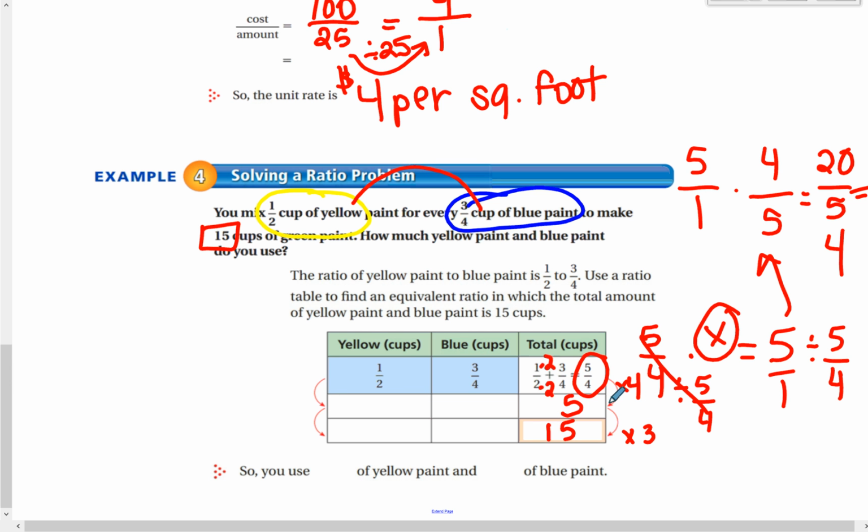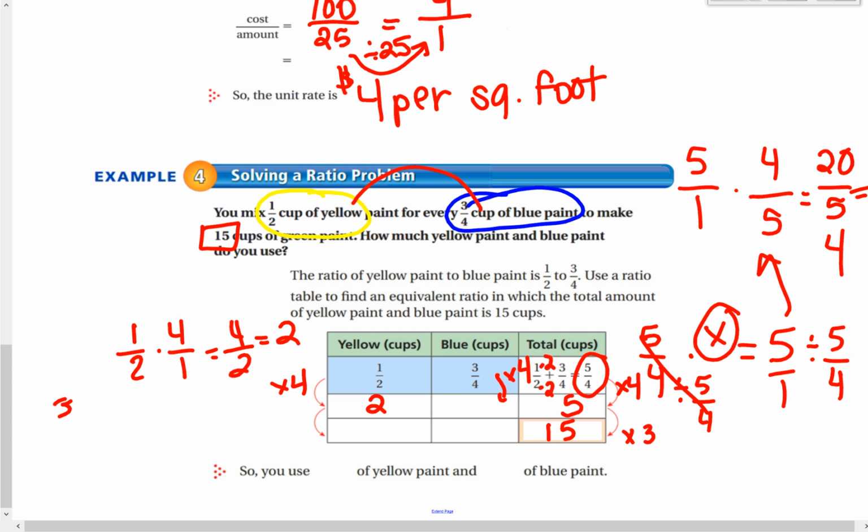So this first time we multiplied by 4, so we have to take 1/2 and multiply that by 4. To make 4 into a fraction, I put it over 1. I get 4 over 2, which reduces to 2. I also have to multiply this 3/4 by 4.